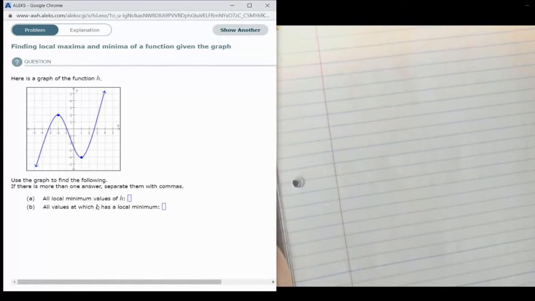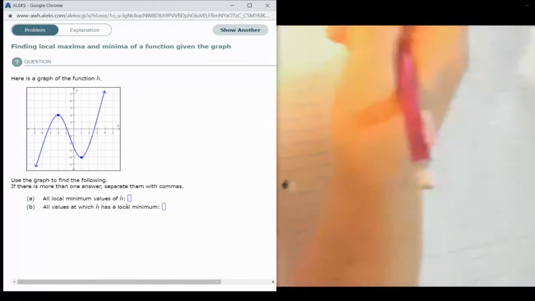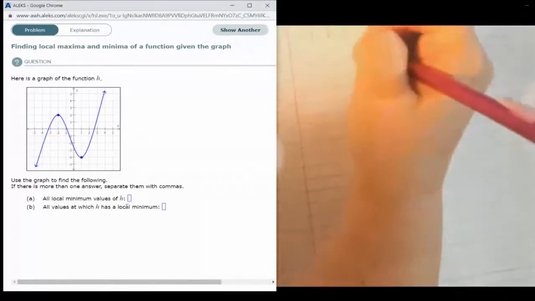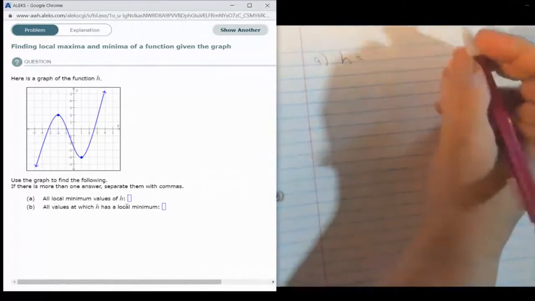A local min value of h at, and then all the values at which h has that min. The first one, h, is your function. So it wants the y value. All local minimum values would be -4.